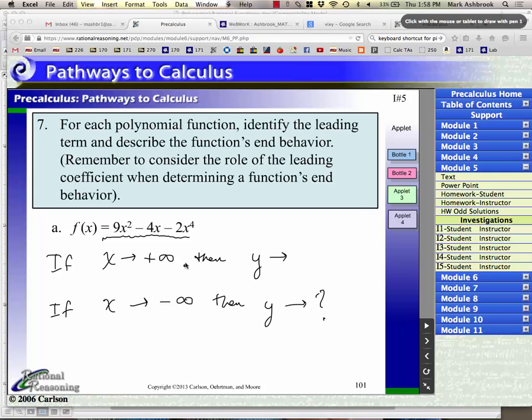Okay, so you're kind of missing a key point that we made here. When you're looking at really, really, really big numbers for x, what are we going to focus on? Do we consider everything? Would it just be the 2x to the 4th? Why? The greatest exponent? That's the biggest. Right. Imagine if that x was a billion, then how would this term compare with this one?